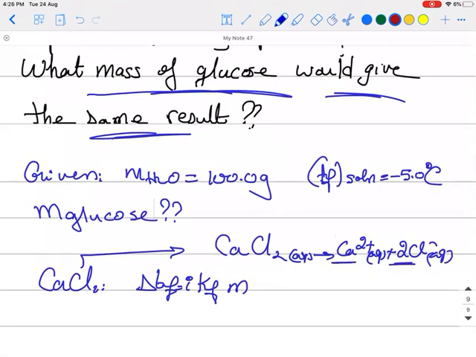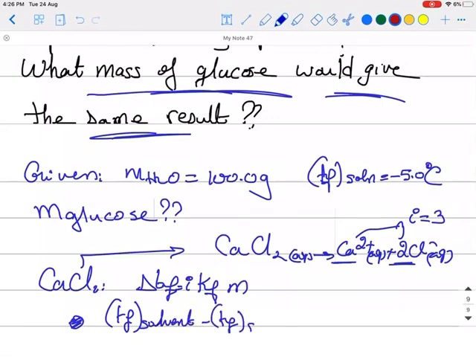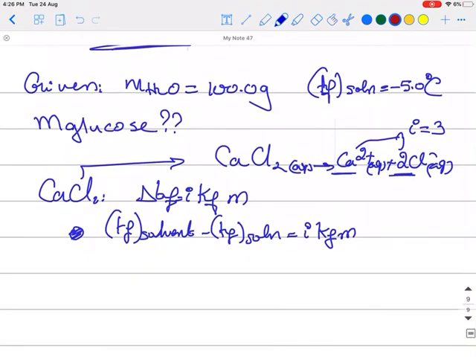So 1 Ca2+ and 2 Cl- sum up to i equals 3. The number of ions is 3. Delta Tf is T freezing of the solvent minus T freezing of the solution, equal to i Kf times molality.